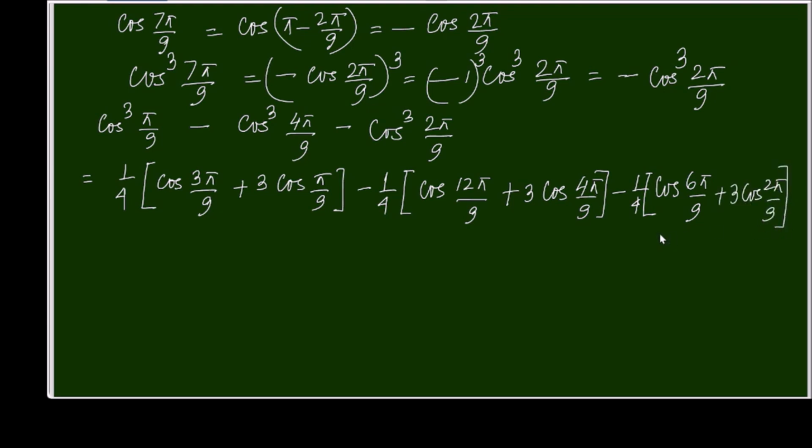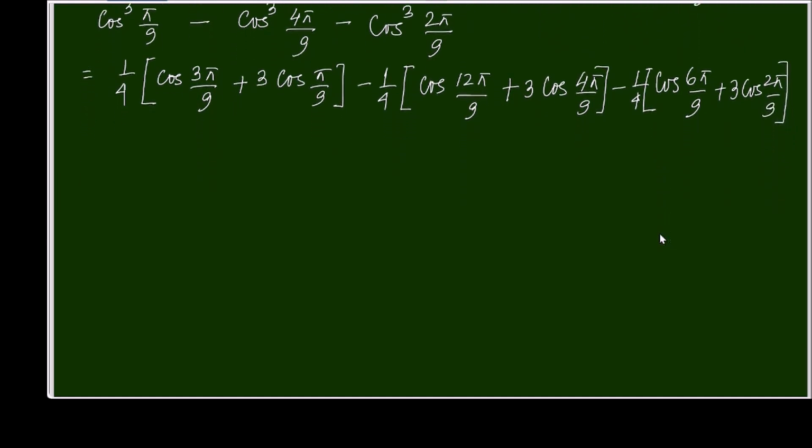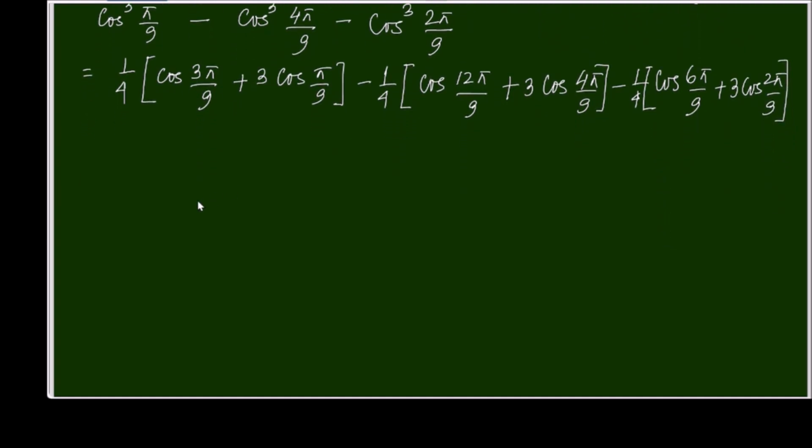Now we will simplify all this to make 3 by 8. So it will be 1 by 4 cos 3 pi by 9, next is minus 1 by 4 cos 12 pi by 9, minus 1 by 4 cos 6 pi by 9.